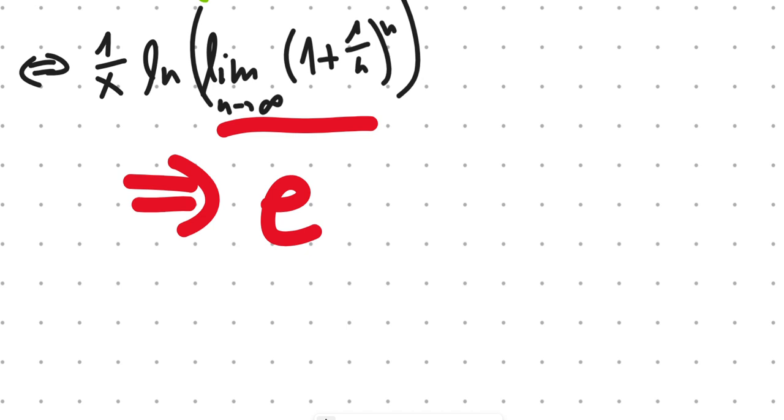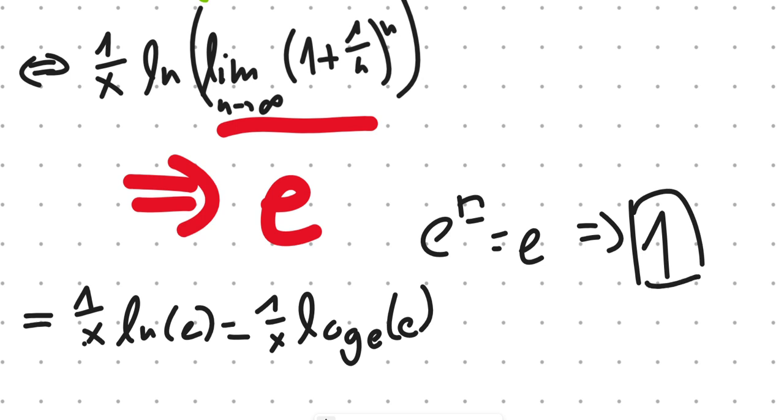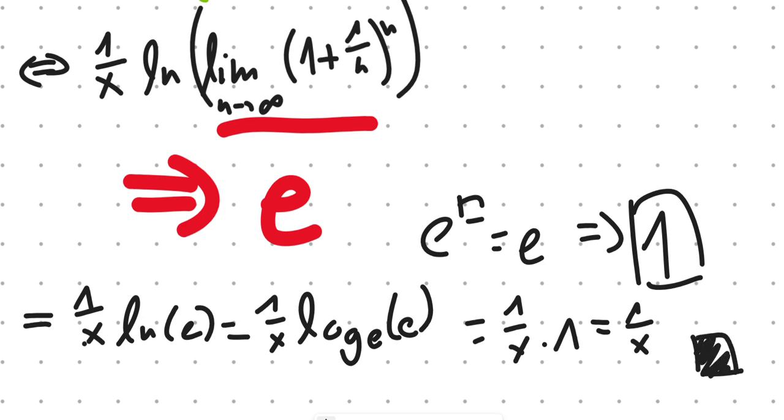You will find that this limit is one of the most favorite limits, and it comes out to be e. So this will be equal to 1 over x times ln of e. Now ln is the log base e, so you're asking e to what power will give you e, which is equal to 1. So we get 1 over x times 1, which is equal to 1 over x. So we have proven the formula that the derivative of ln of x is equal to 1 over x.